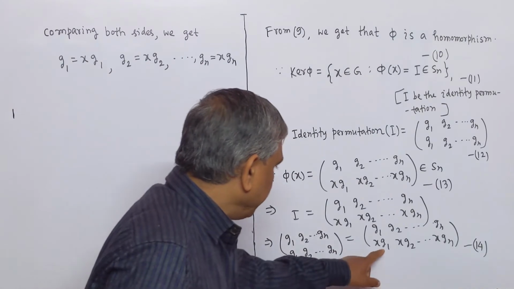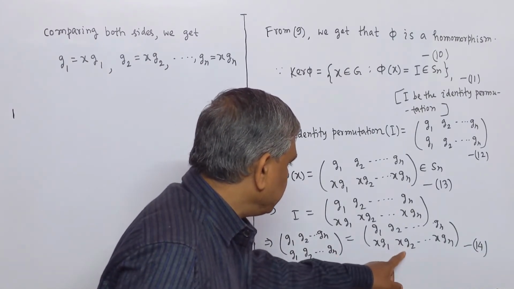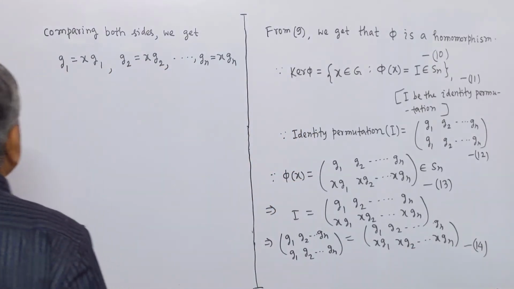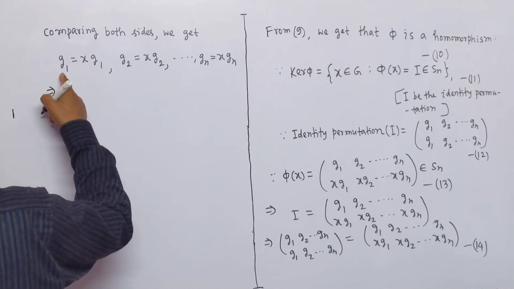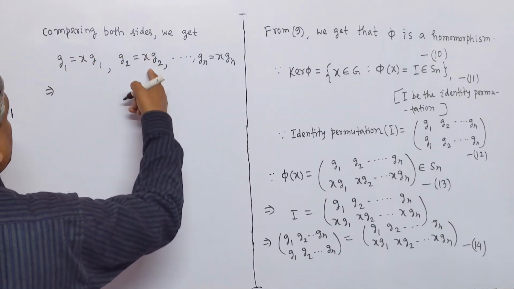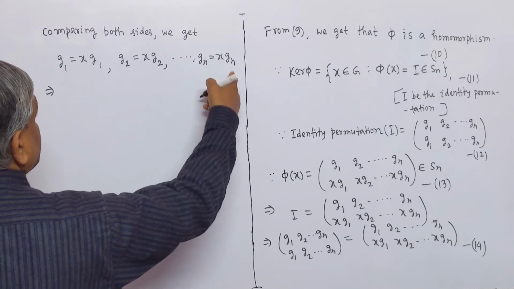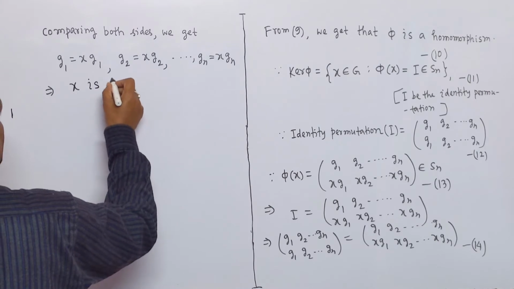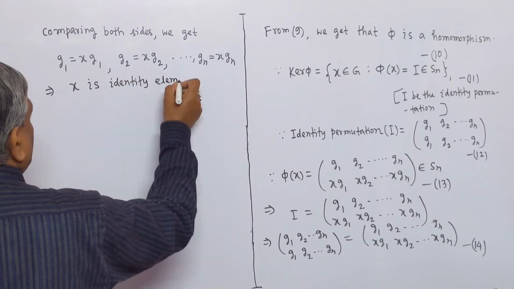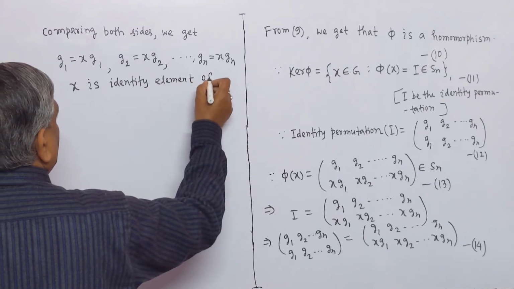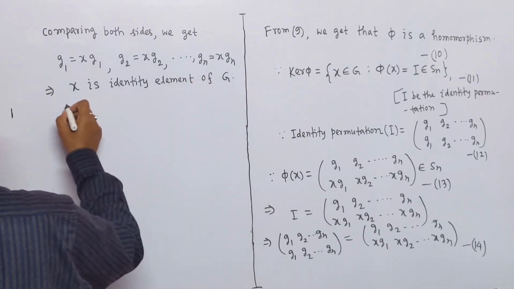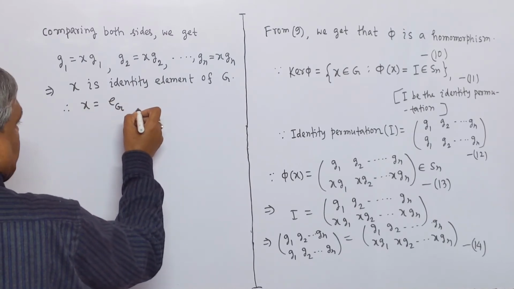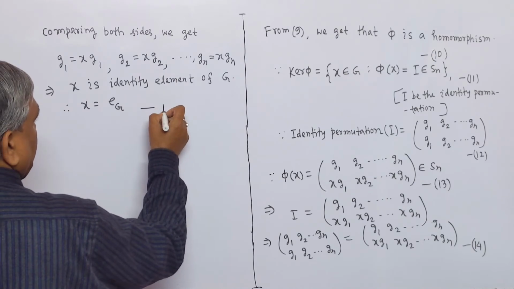Implies that g1 equal to xg1, g2 equal to xg2, ... gn equal to xgn. This means x is the identity element of group G. Therefore, x equal to identity element of G. This is number 15.